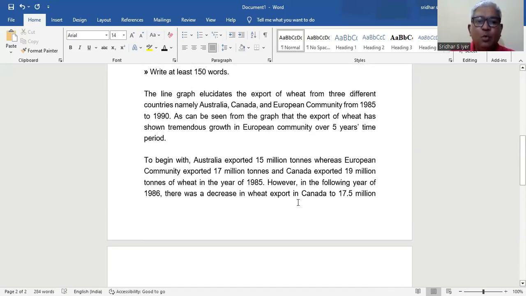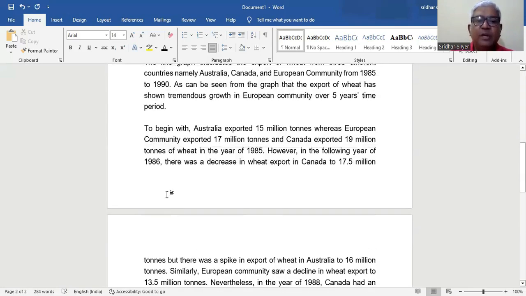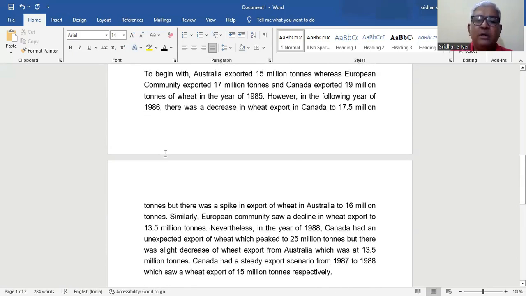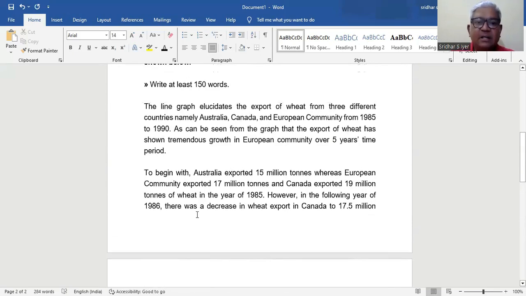So if you don't want to keep that overall there and just write finally, then you have to write overall here at the beginning to say instead of begin with, you have to say overall and say finally at the end. So this is how you need to write your report writing on the IELTS academic writing task 1.